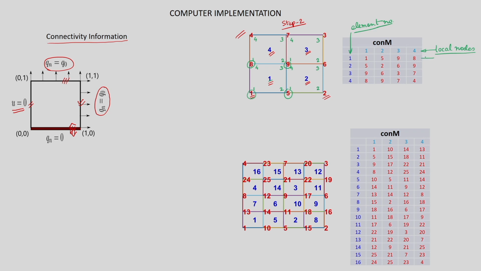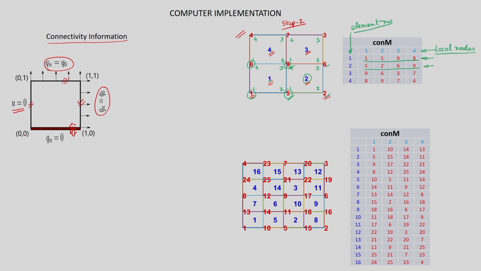That is what has been noted in the first row, 1, 5, 9, 8, in that order. Similarly, for the second element, the global node numbers are ordered in the same way as the local numbers, so it is 5, 2, 6 and 9.